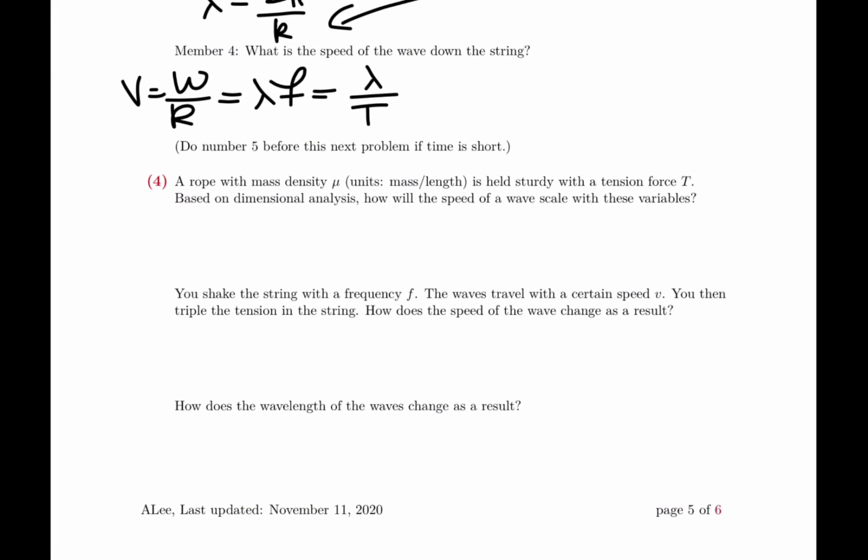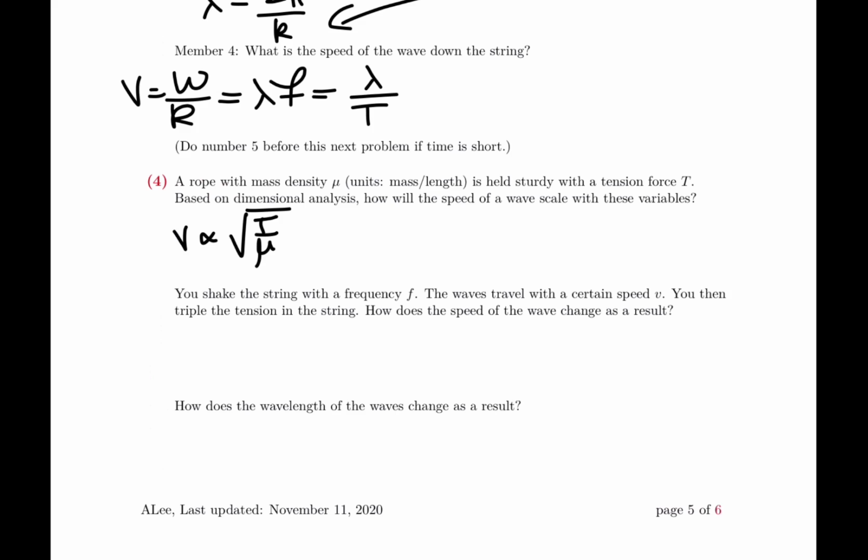A rope with mass density mu is held steady with tension force T. Based on dimensional analysis, how will the speed of the wave scale with these variables? I did this one in lecture. You can show that T over mu, all in the square root, is the only way you can get the units to make sense, so that the right-hand side has units of meters per second.